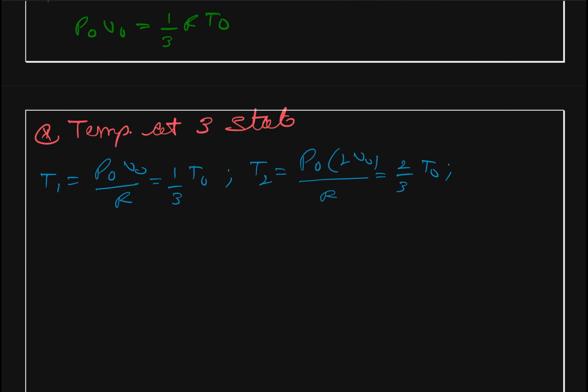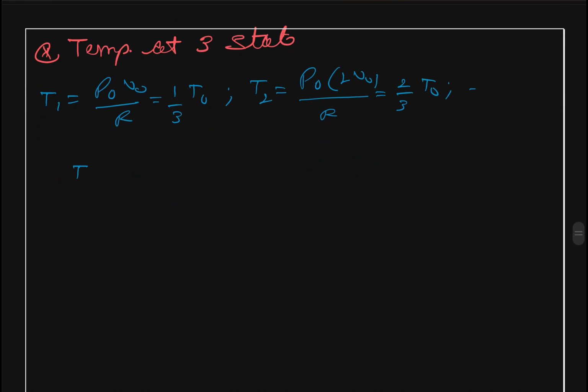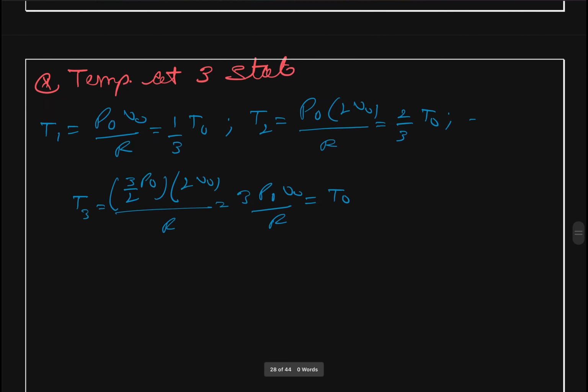And finally we have T3, which gives us 3 by 2 P0 and twice V0 divided by R, and this gives us 3 P0 V0 upon R, which is equal to T0.